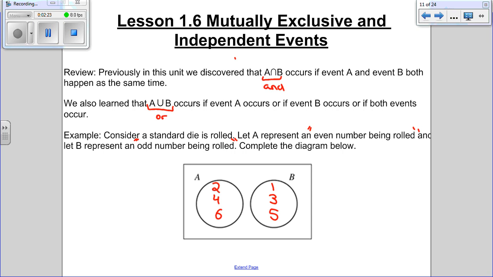Rolling a die, you could roll a 1. On a die, the 1 is still 1. So that's all the ways you could make event A happen. That's all the ways you could make event B happen. Simple, right? All right.